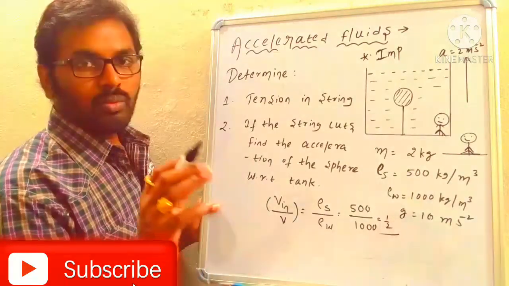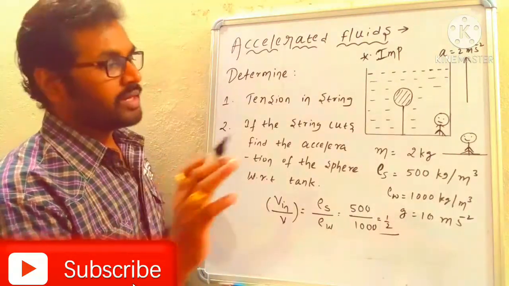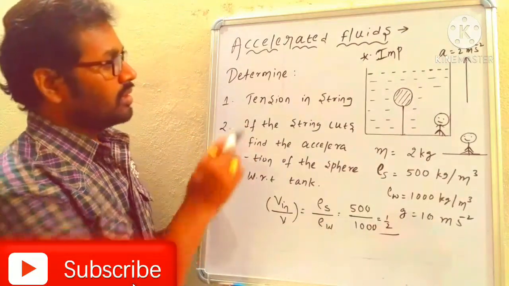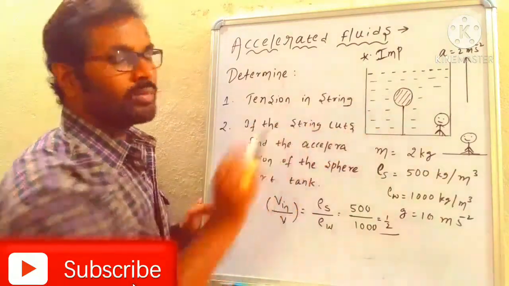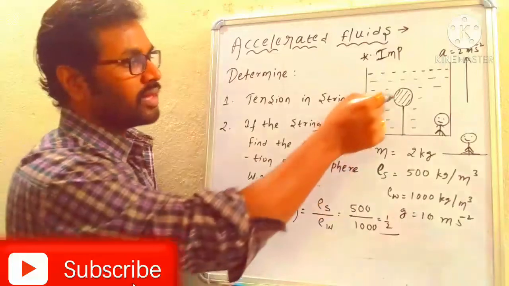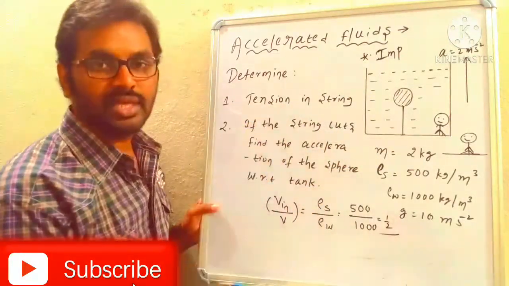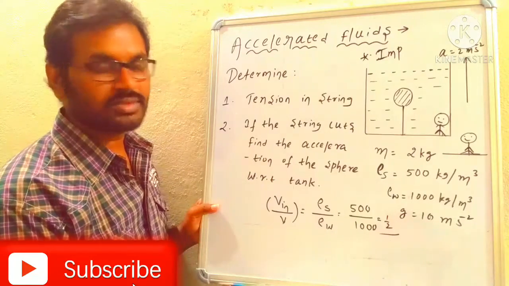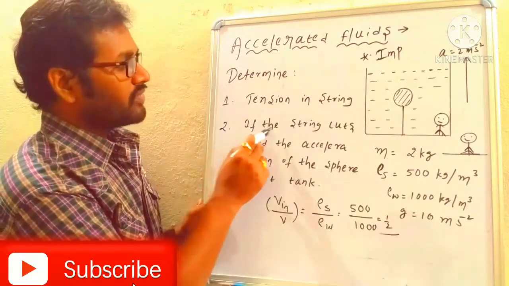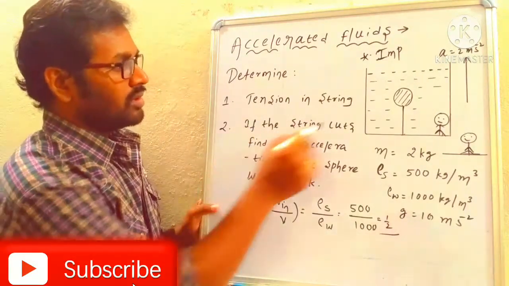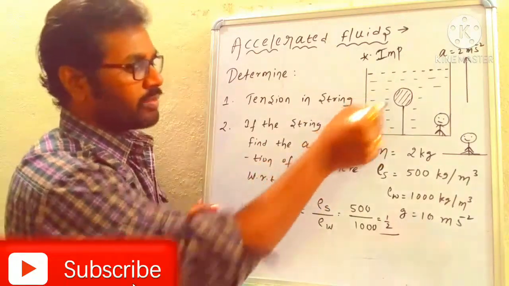And what are we going to find in this question? In the equilibrium condition, when the thread is connected to the bottom of the container, how much is the tension in the string? That is the first question. Second, if you cut the string, what will happen?